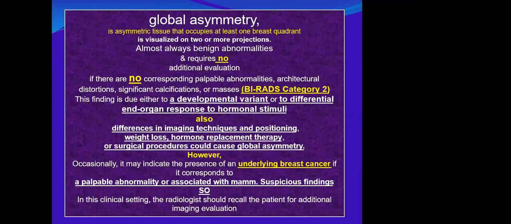So global asymmetry is asymmetric tissue that occupies at least one breast quadrant and is visualized on 2 or more projections.